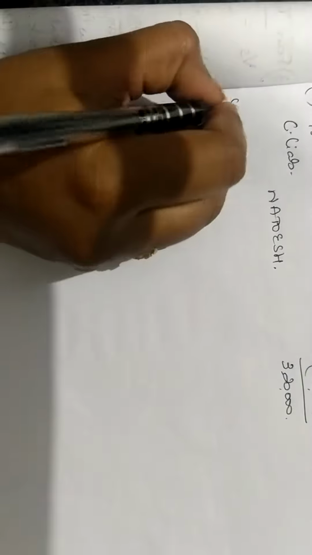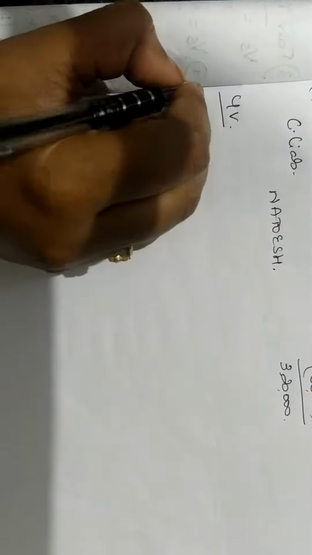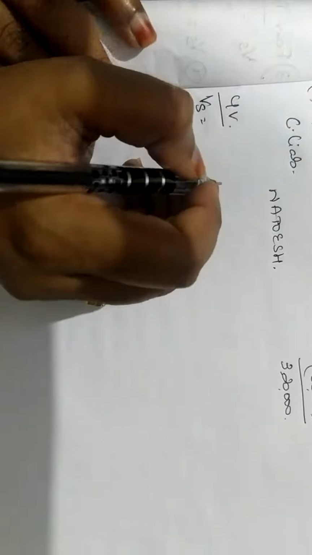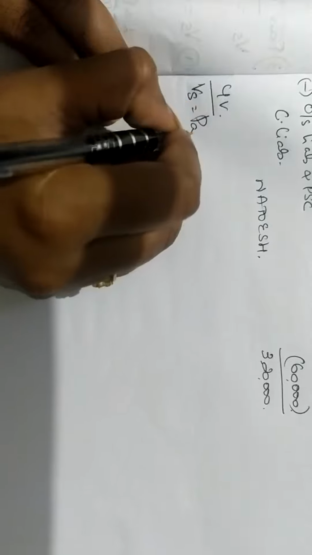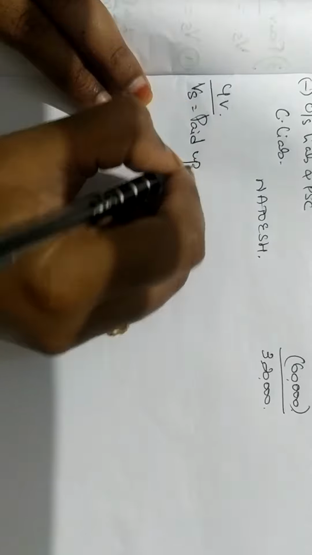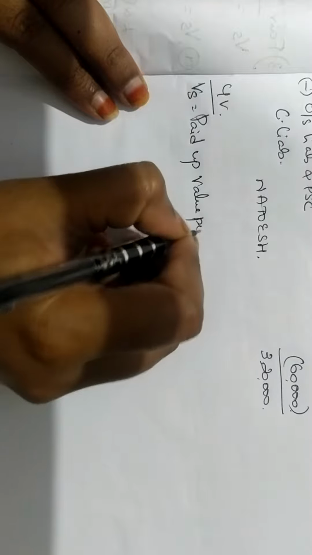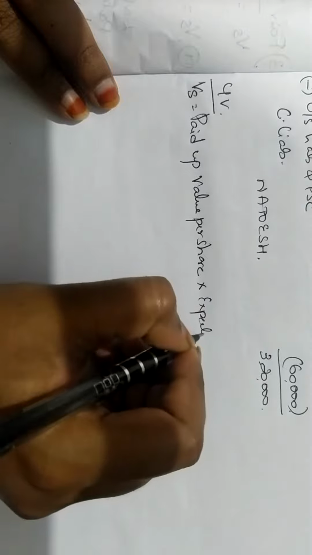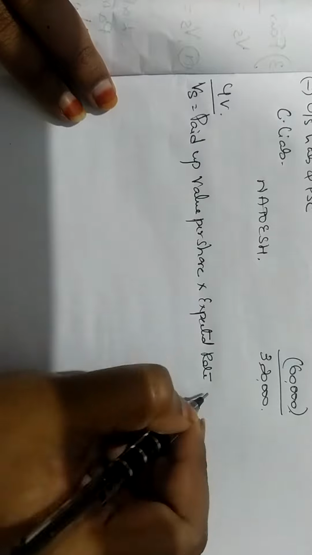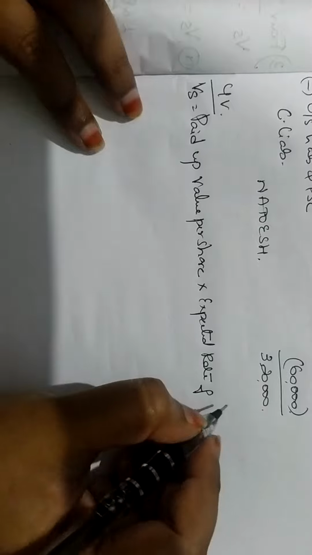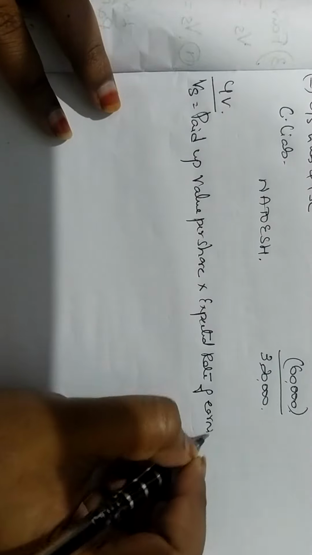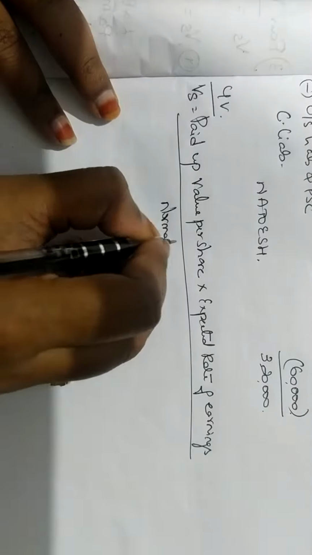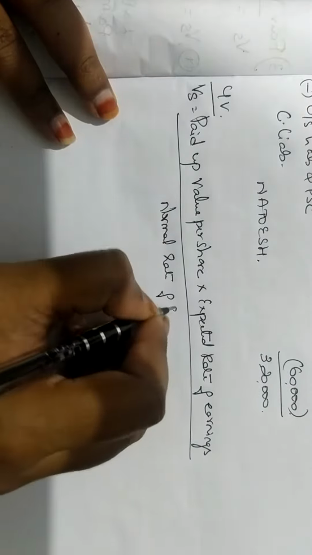Let us do the yield value. So for yield value, the formula is: valuation of share is equal to paid up value per share into expected rate of earnings, or you can call it returns also, divided by normal rate of earnings.